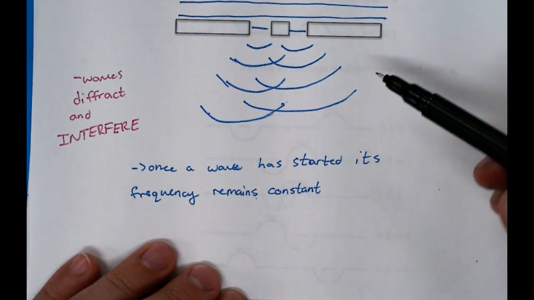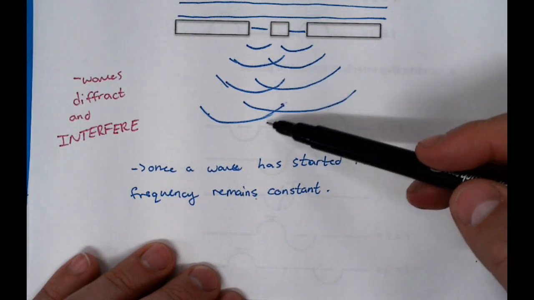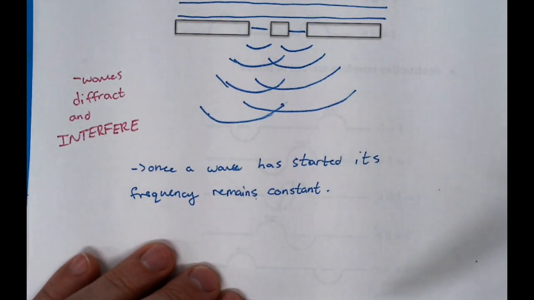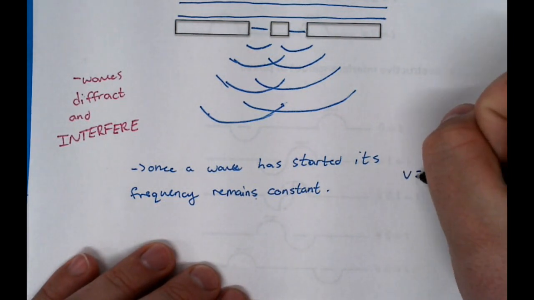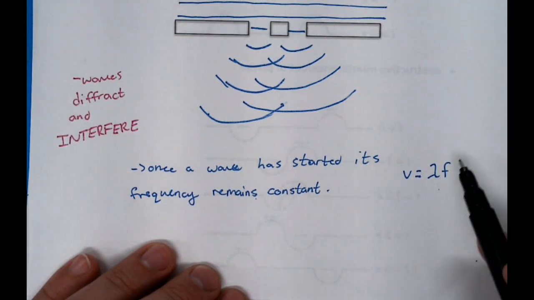That means if you're solving a problem using the universal wave equation, which again is velocity is equal to wavelength times frequency, if it gives you the frequency at the source and you're solving for the velocity later on, you can still use that same frequency. It's the same the whole way.